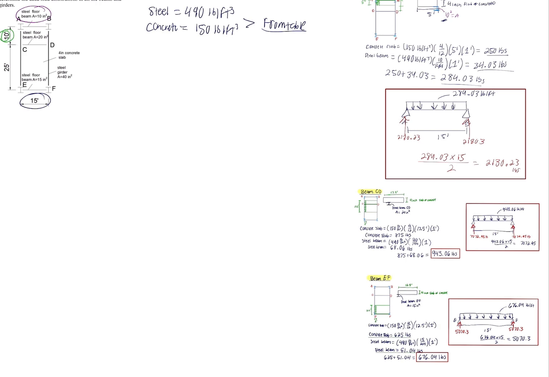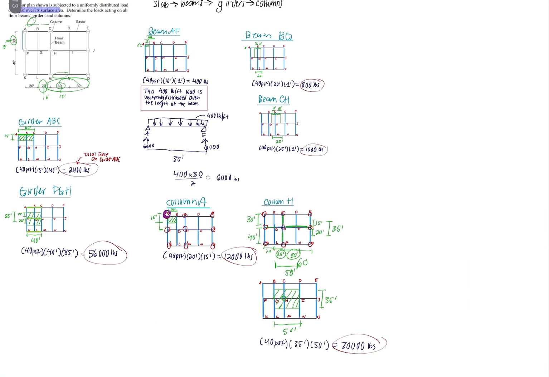We will need to know the reactions for these because, as mentioned in the previous problem, the dead load goes from the slab to the beams to the girder to the columns, and so we will need the reaction from the beams in order to calculate the reactions for the girder.